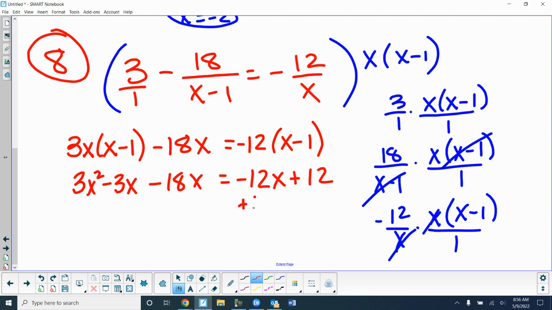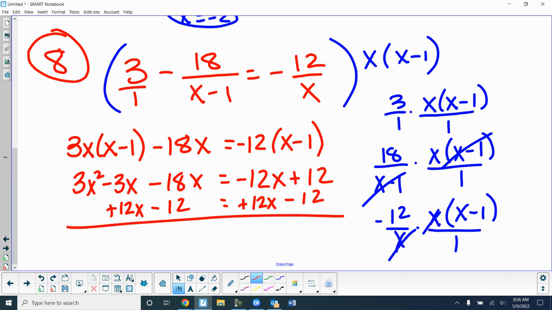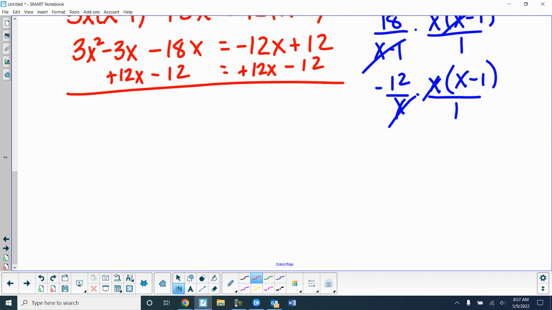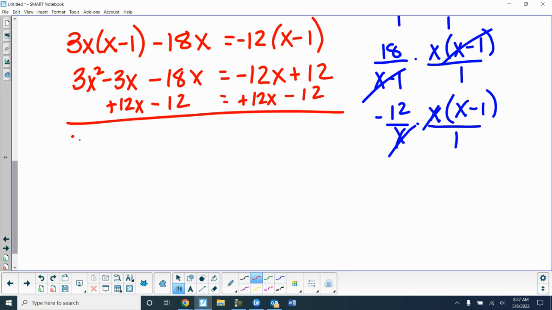So I'm going to add the 12x and subtract the 12, so that it's equal to 0. So I got a 3x squared. Negative 3 and a negative 18 is a negative 21. Plus 12 is a negative 9. And we got the minus 12.